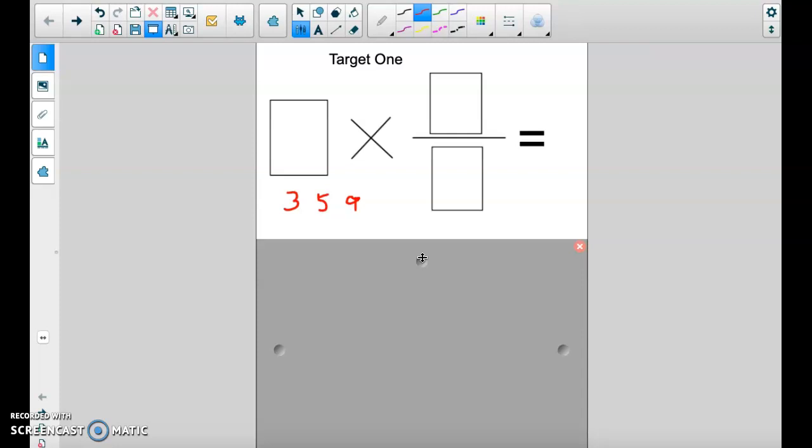All right. So I'm thinking I want to do, see, these are all going to move together, aren't they?